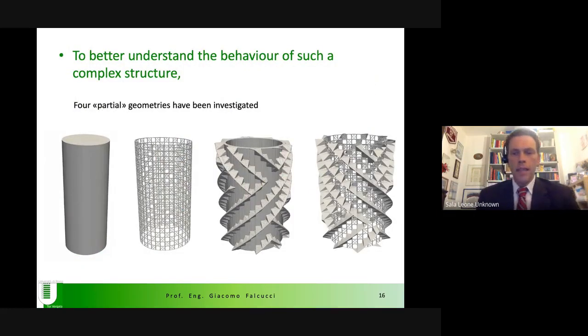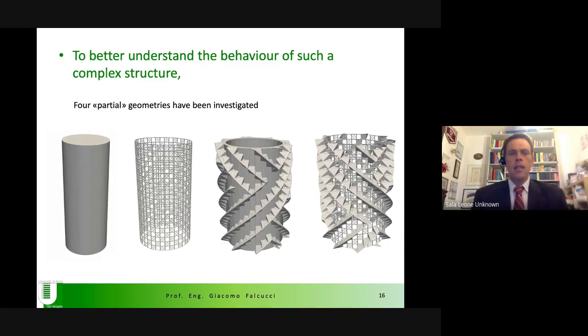In order to better highlight what happens with such a complex structure, we have realized 4 partial geometries, as you can see here. They are all periodic geometries, so they go from top to bottom of the computational domain. First, the basic cylinder, just to validate our results.